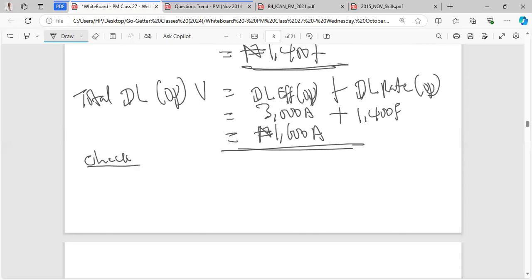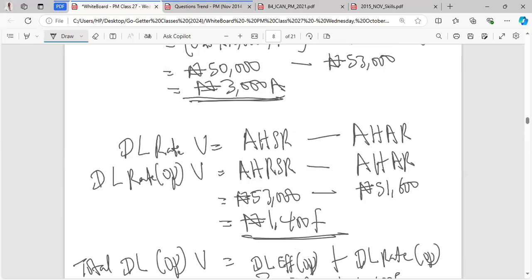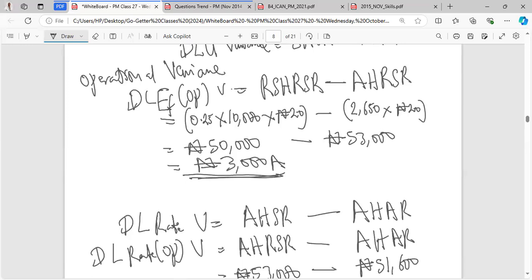If we are to do operational variance directly, direct labor operational variance is supposed to be revised standard hours revised standard rate minus actual hours actual rate. Our revised standard hours revised standard rate, we'll get from here, is 50,000.